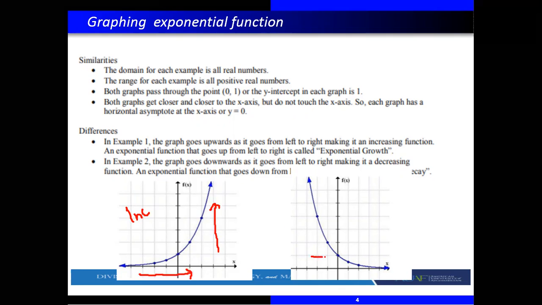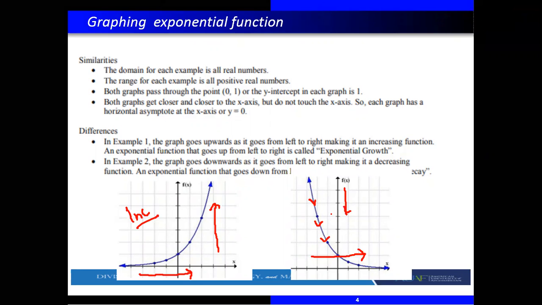In the second case, x values are increasing, but y values are decreasing because this graph is moving downward. The first one is called exponential growth. The second one is called exponential decay. We will discuss some problems on what is exponential growth and what is exponential decay.